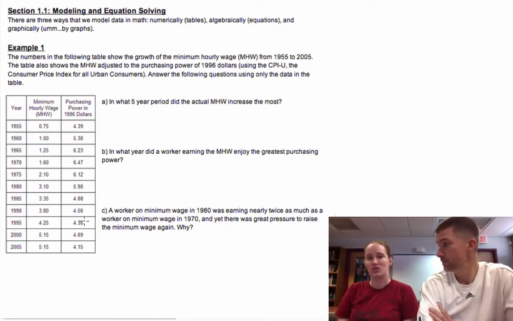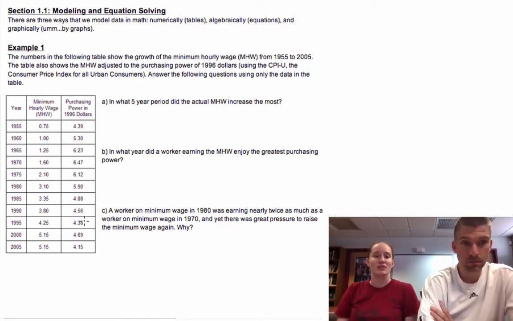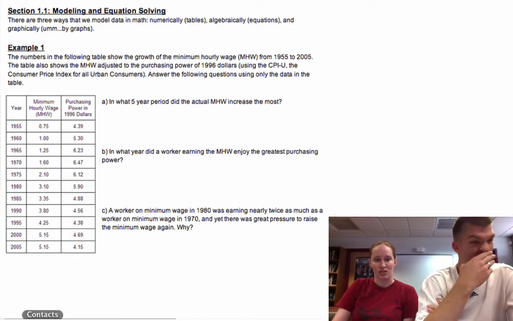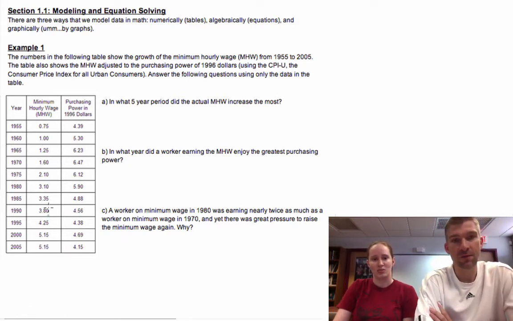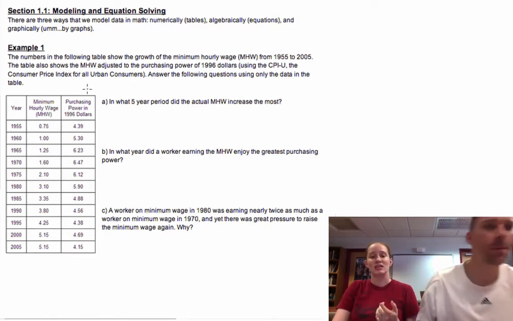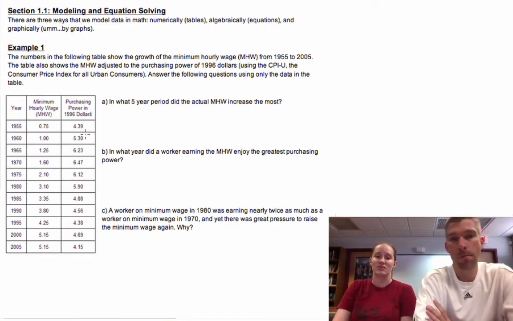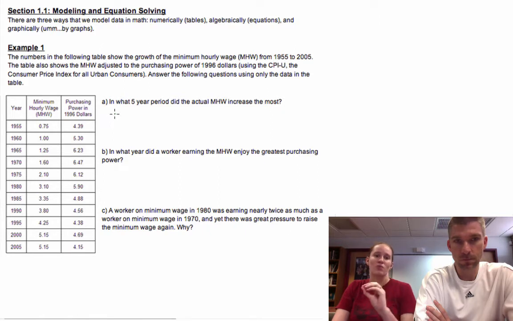We're going to have an example here, and it's pretty lengthy. It all has to do with data about the minimum hourly wage over the years. That's this first column. So people in 1955 earned 75 cents an hour if they were on minimum wage. What's interesting is that they've also figured out the purchasing power of the dollar then compared to what it would have been in 1996.